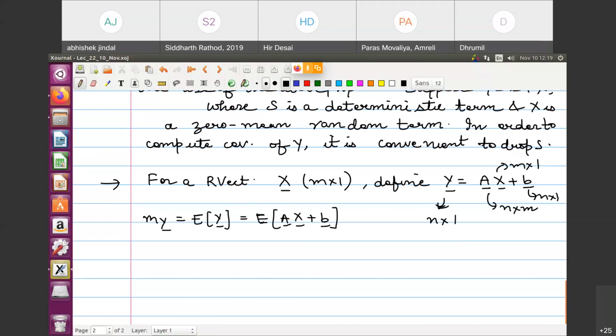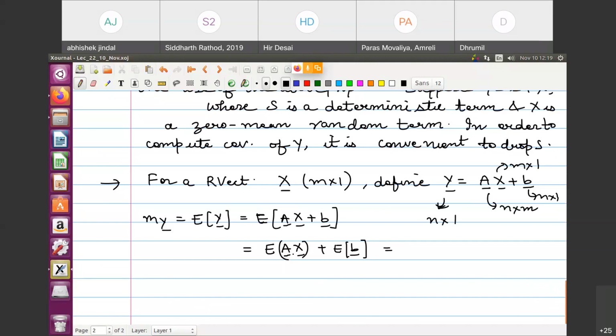Expectation is a linear operator, so this distributes like this.